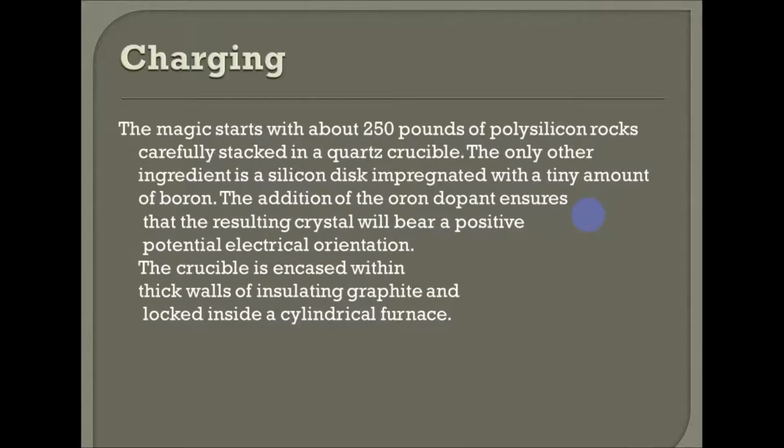The addition of the boron ensures that the resulting crystal will bear a positive electronic orientation. As for the crucible, it is covered from the inside and made up of thick walls of graphite insulation, locked inside a cylindrical furnace.